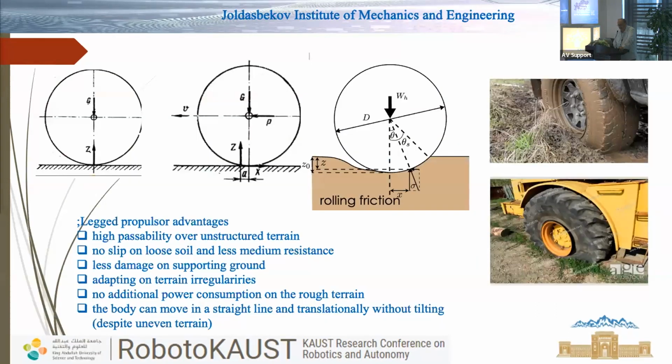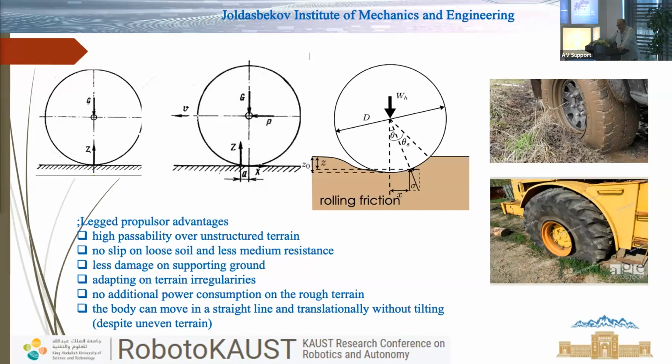And you know that leg propulsion has specific advantages in comparison with wheeled and tracked propulsors, such as high passability of unstructured terrain, no slip on loose soil, less medium resistance, and less damage to the supporting ground, which is very important for agricultural purposes.